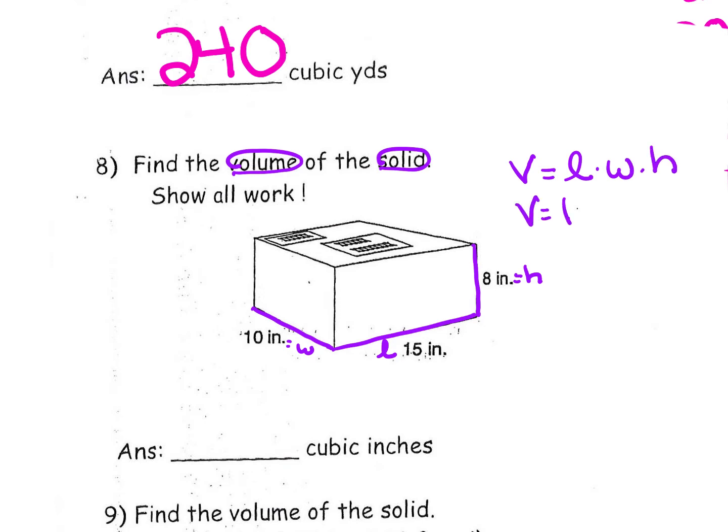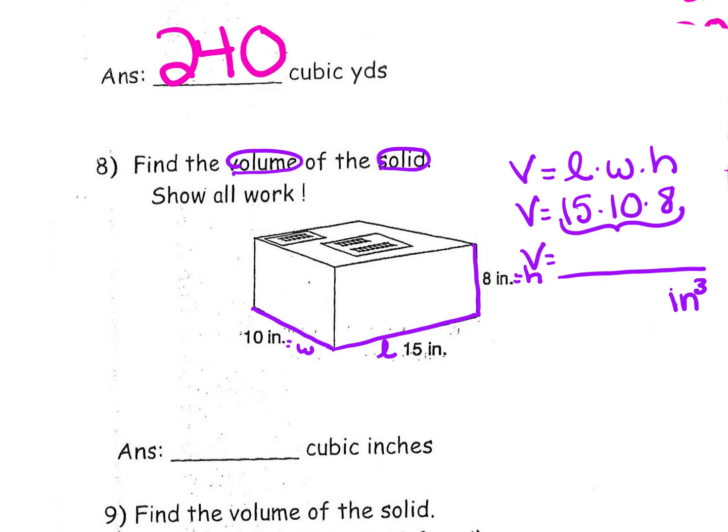We're going to multiply 15 times 10 times 8 and calculate the volume of this box in cubic inches, or inches cubed. Pause the video, pick up your calculator, and multiply 15 times 10 times 8.